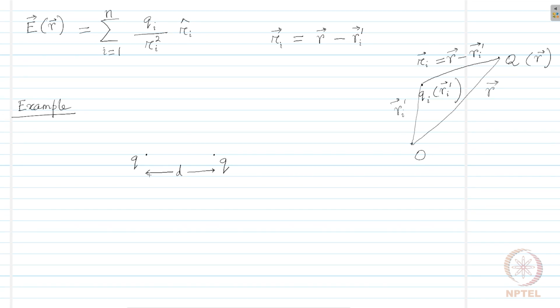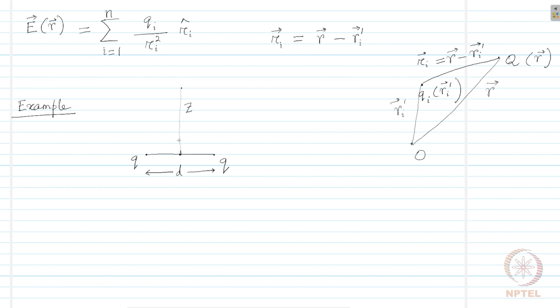We want to find out the electric field at this point, which is z distance above the bisecting point of the line connecting these two charges q.